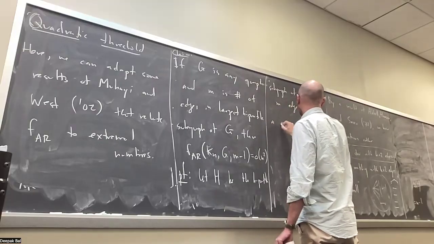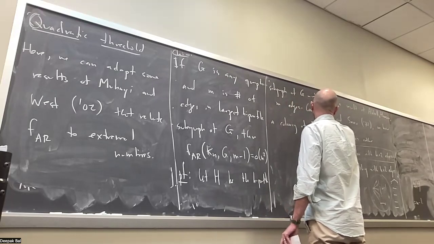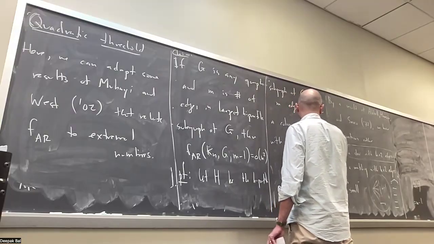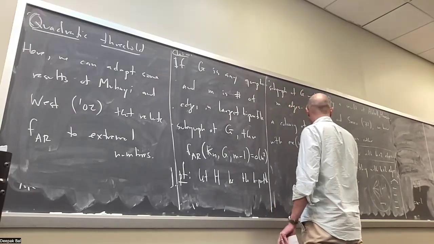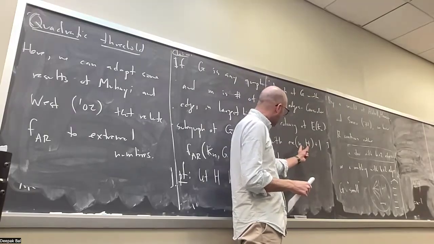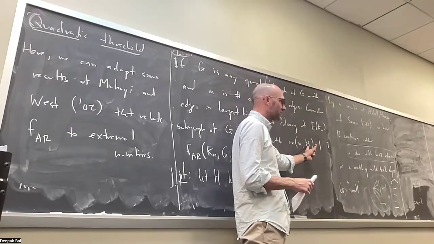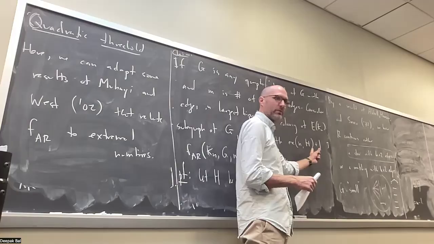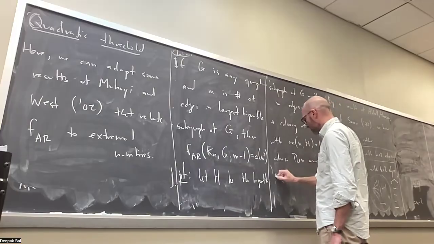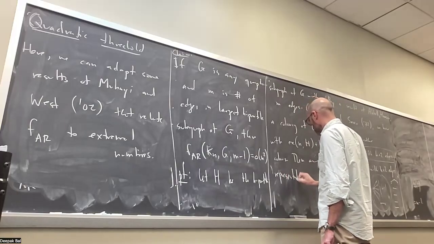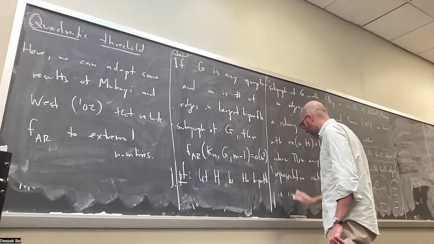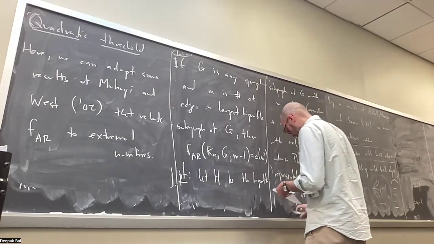Let's consider a coloring of the edges of K_n with the extremal number of n and H, plus 1 colors, right? This is the maximum number of colors in an n-vertex graph that contains no copy of H. So if we exceed that by 1, then we're guaranteed to have a copy of H, right? And so any representation contains a copy of H.